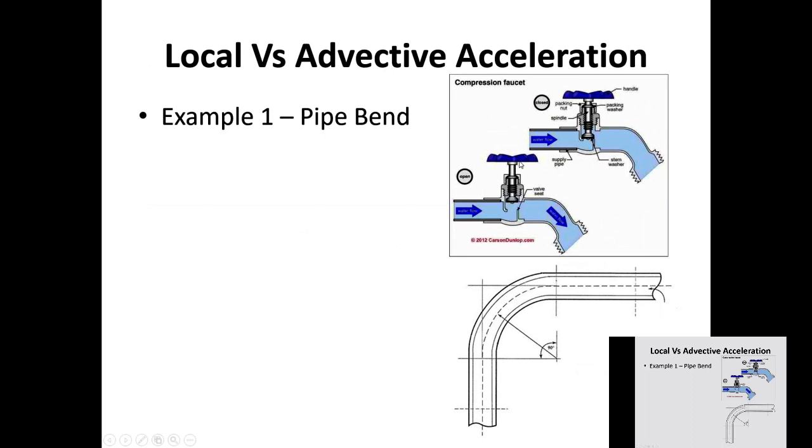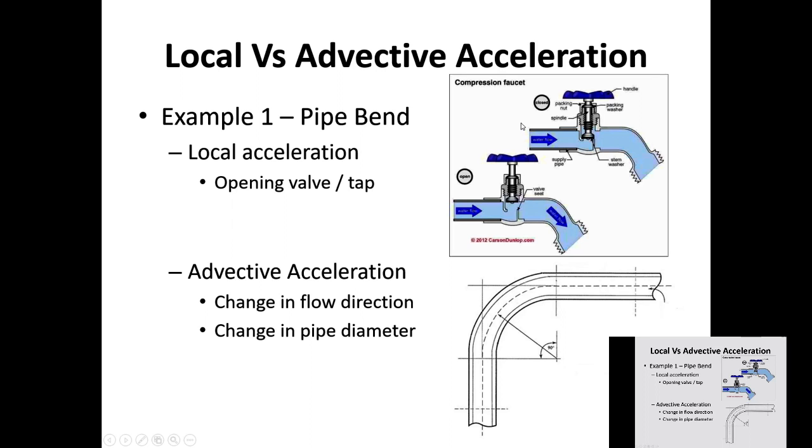So these are a couple of examples for local acceleration and advective acceleration. For local acceleration, you can use the example of opening a valve or a tap, or for advective acceleration, you can look at the change of flow direction and change in the pipe diameter.